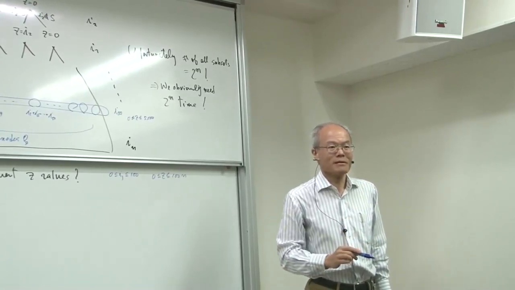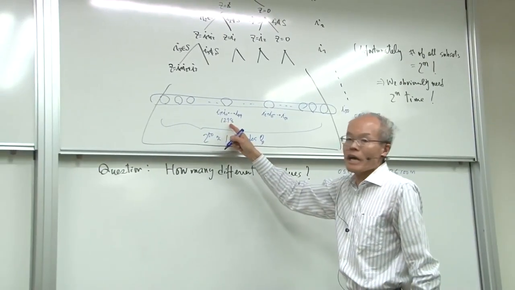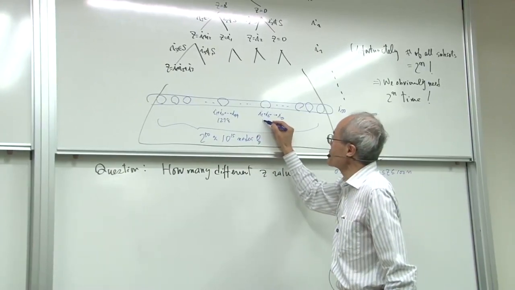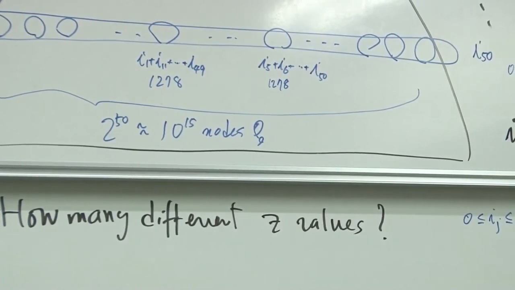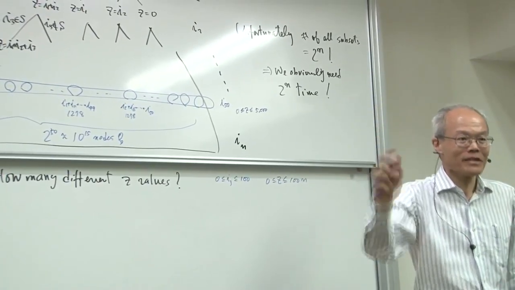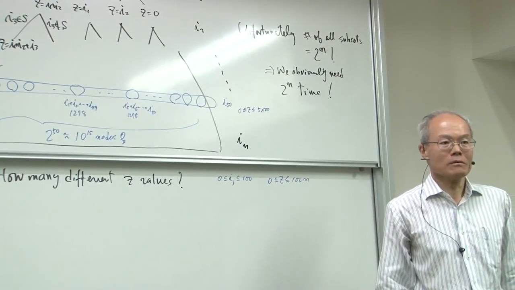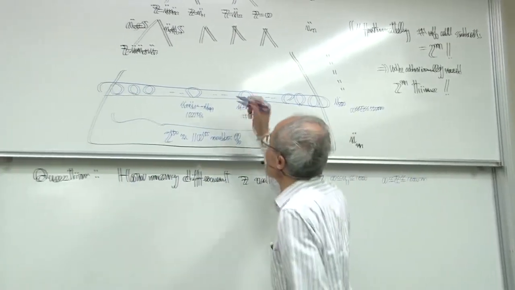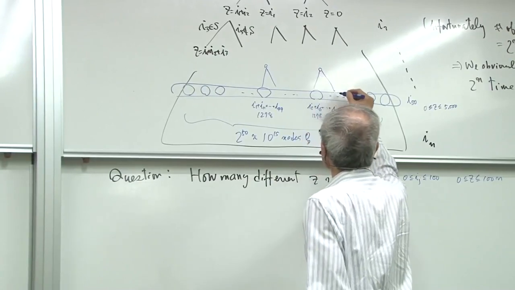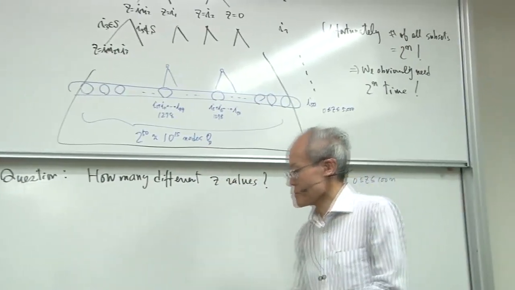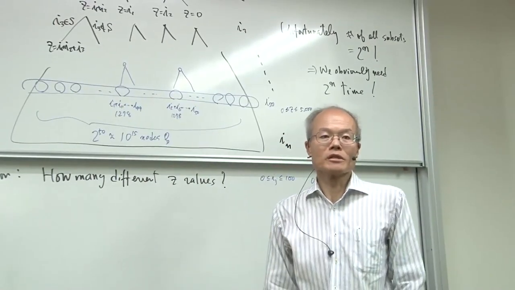What does that mean? If you have 1278 here, then this might be again 1278. There are many nodes having the same z value. Then what would you do? We don't need two nodes because that's the same number.